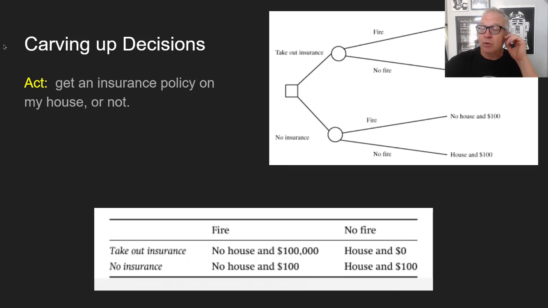So this is a decision tree with, at the left, you making a choice from the box, whether to take out insurance or not. And then from those circle nodes, there's either going to be a fire or there's not going to be a fire, which results in the outcomes along the far right hand side. Same information, structured similarly, gives us a way to parse it up and figure it out.